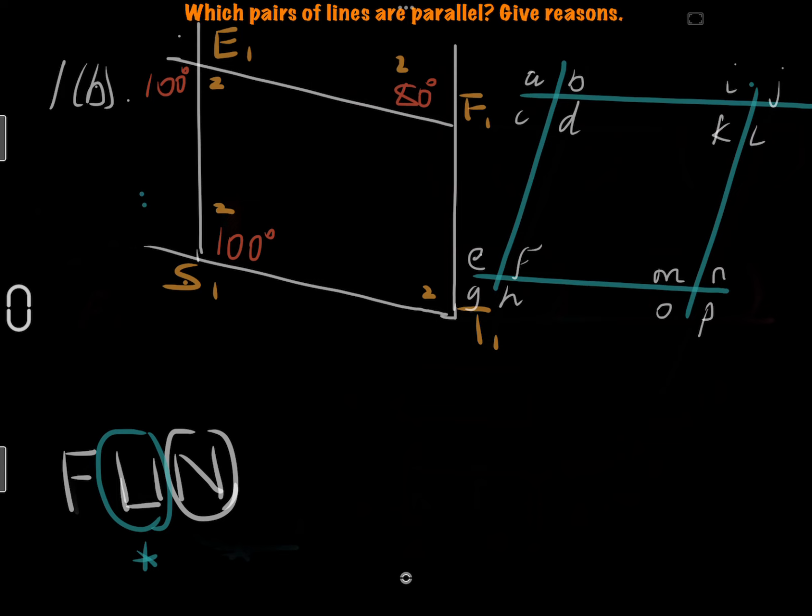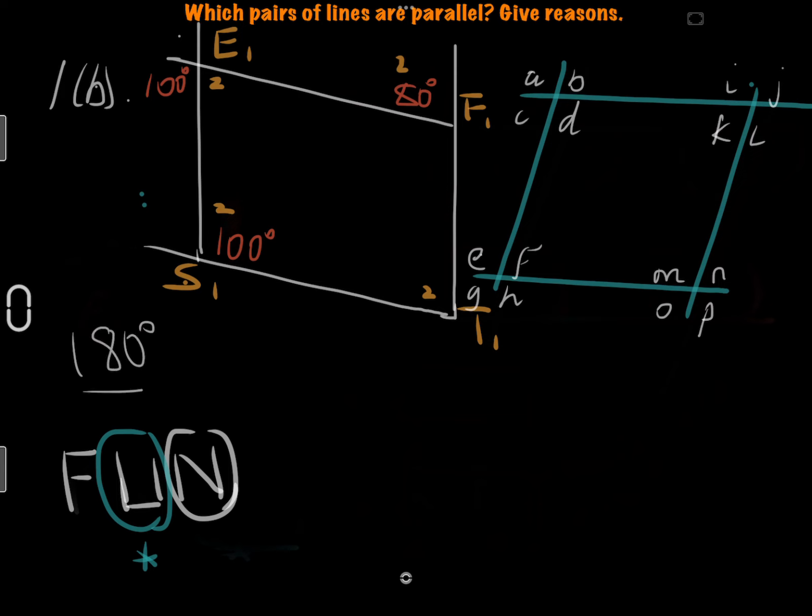Now, this time we're looking at co-interior angles. Remember in the first example, 1a, we looked at the alternate angles. This time we're looking at co-interior angles, and all co-interior angles are supplementary. In other words, supplementary angles always add up to 180 degrees.